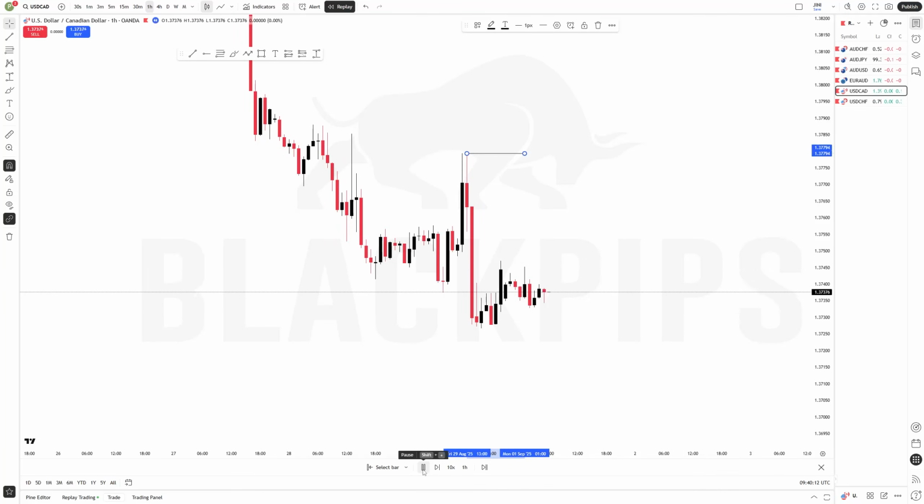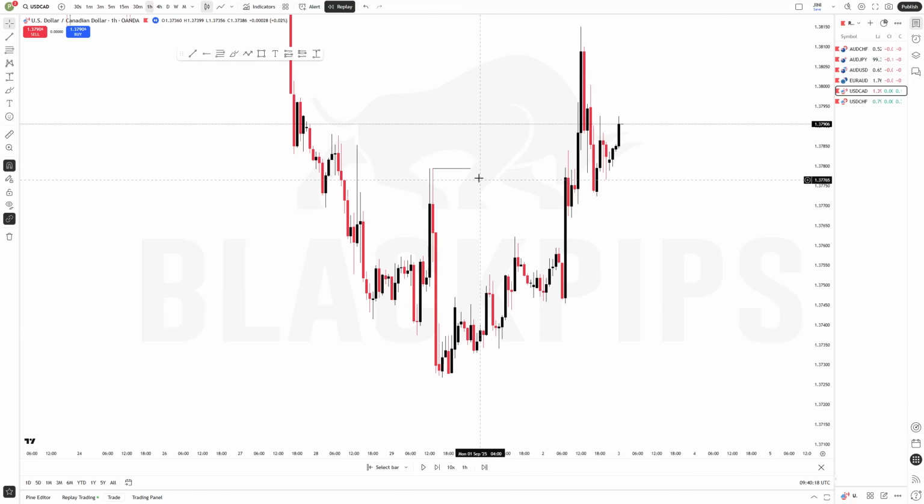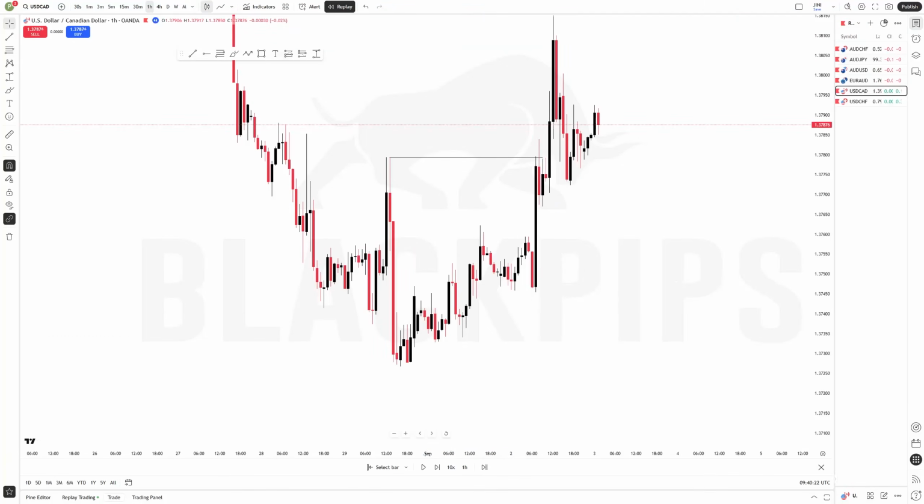So the price gave us some inside formations and then broke above like that. After breaking above, the market has to come to take some liquidities that are found down here. So you can choose this one to start with.